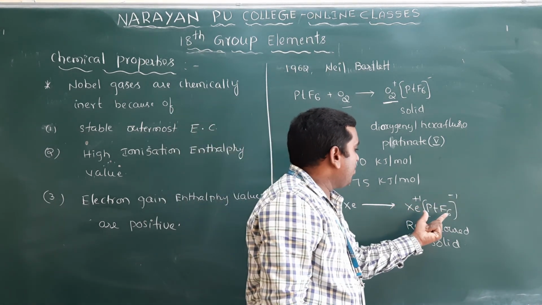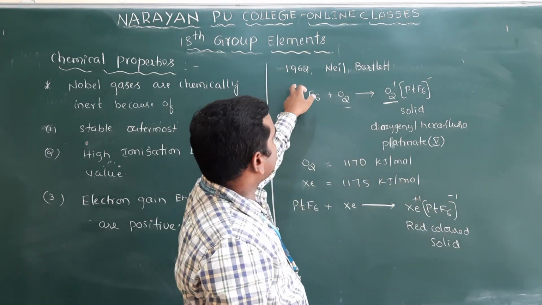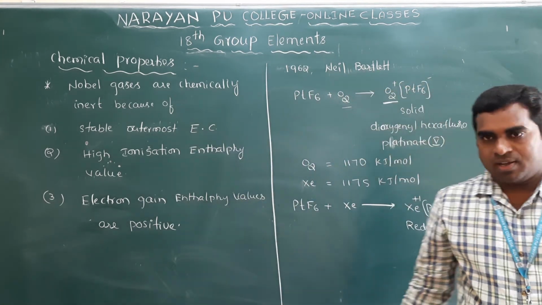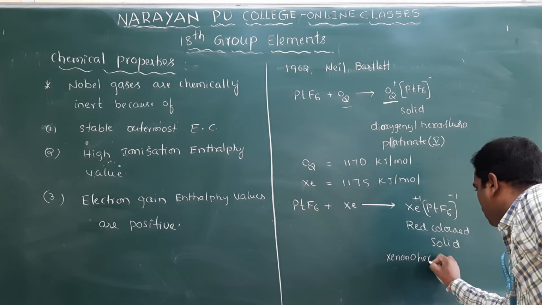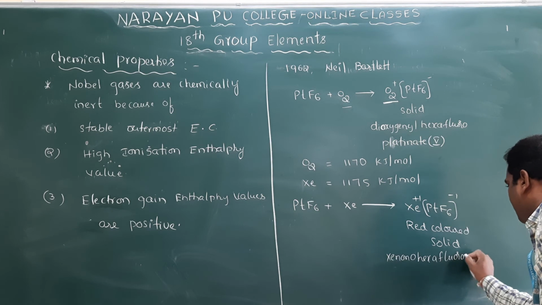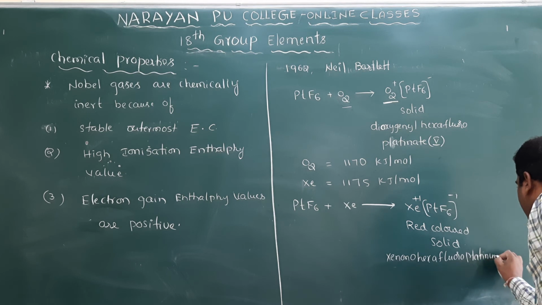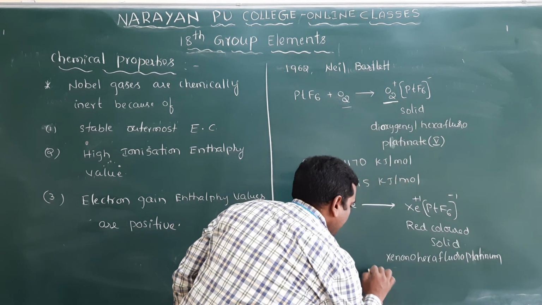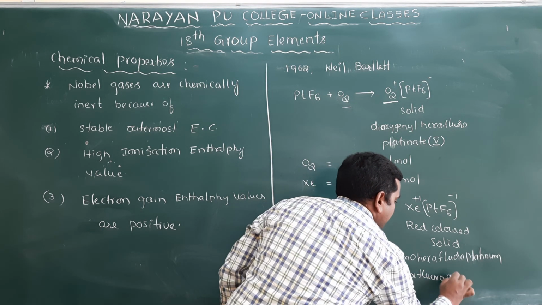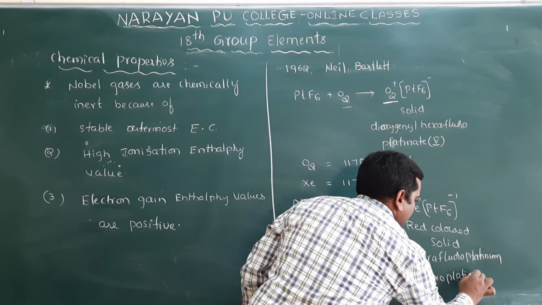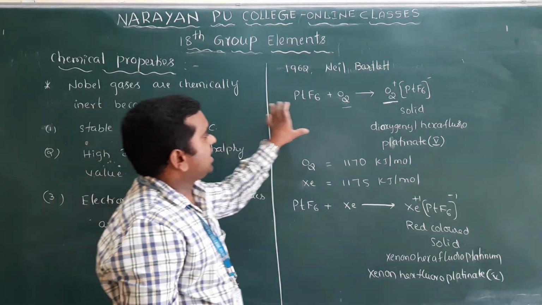This is the first noble gas compound, prepared in 1962 by Neil Bartlett. The name is xenon hexafluoroplatinate(V).